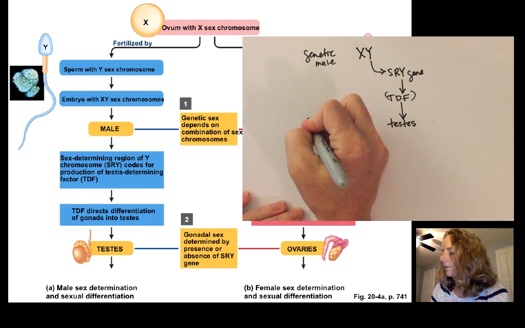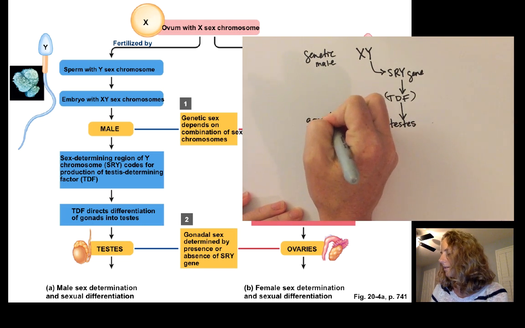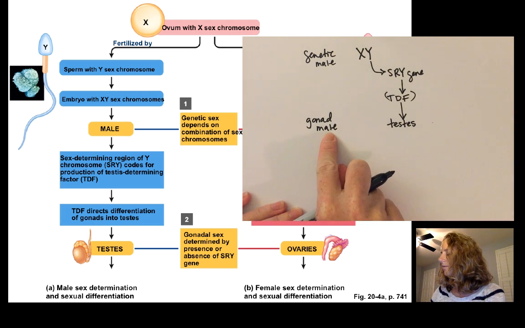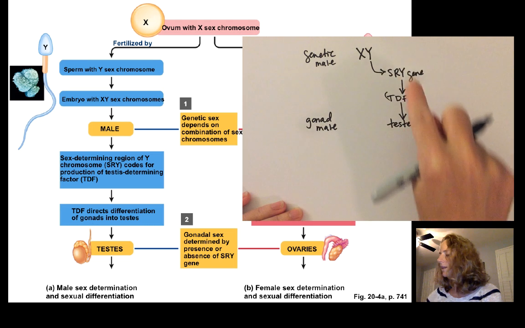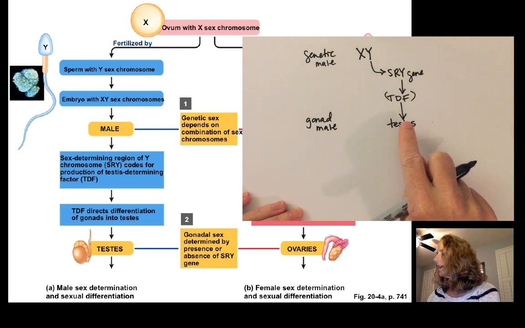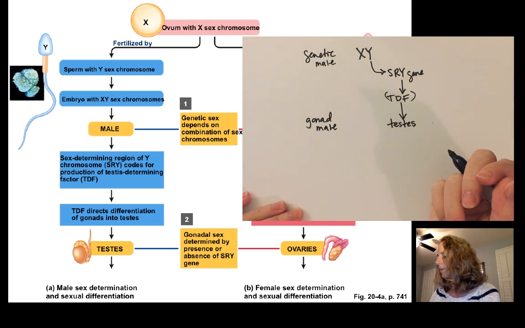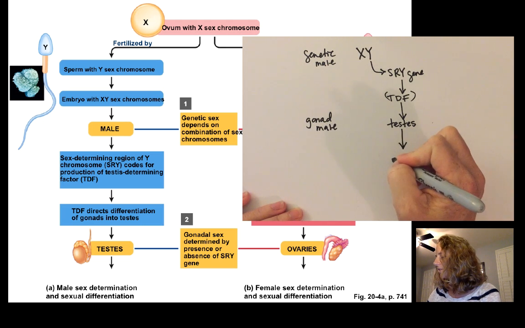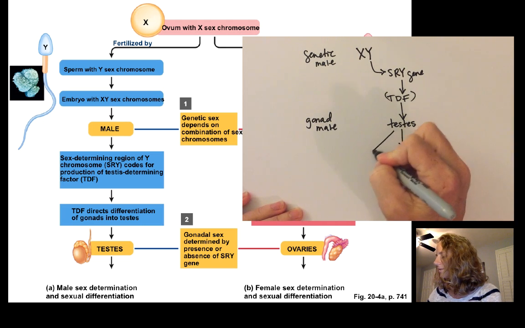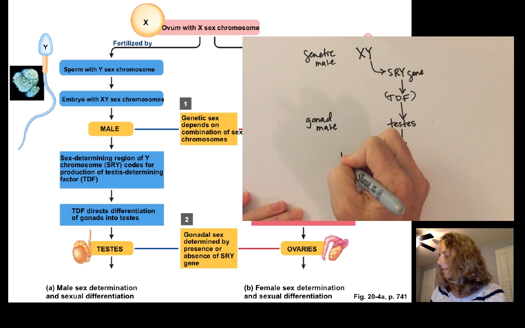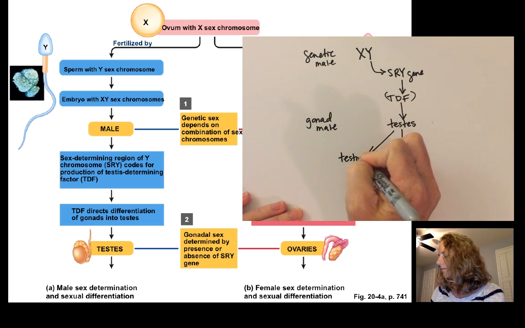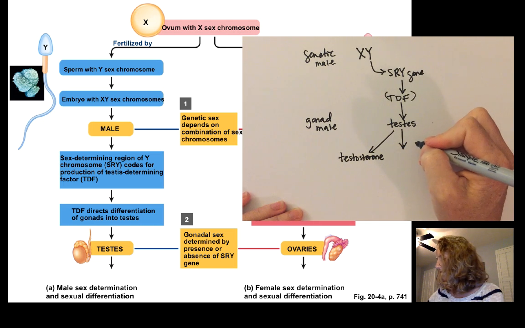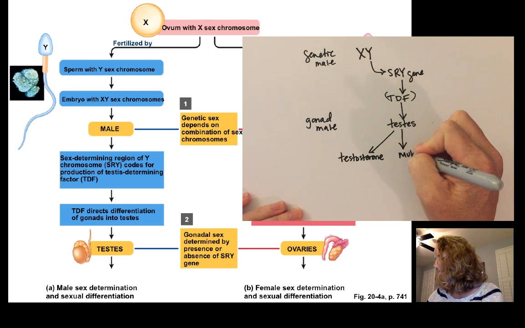And that's gonadally male. Genetically male, gonadally male. So he has the XY genetics and the testes present. Then the testes actually have to function and produce testosterone and Mullerian inhibiting factor.